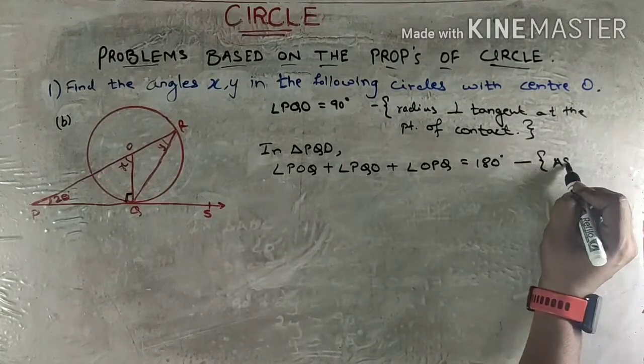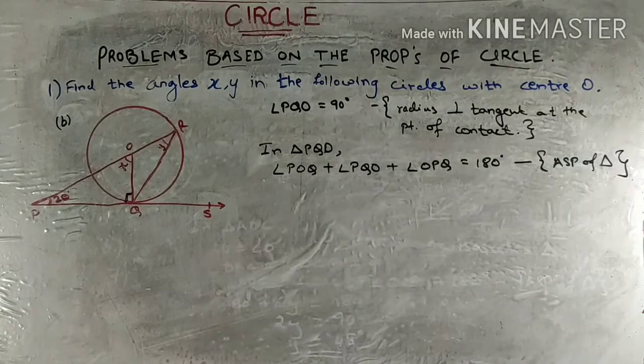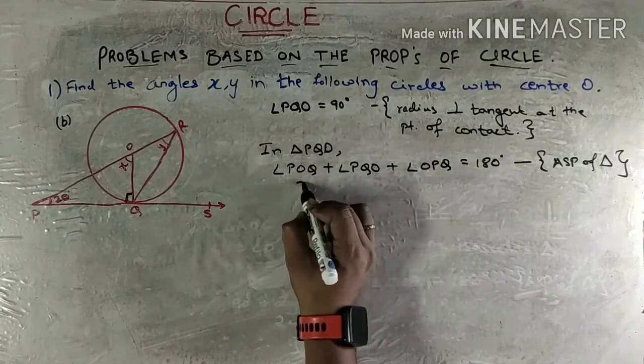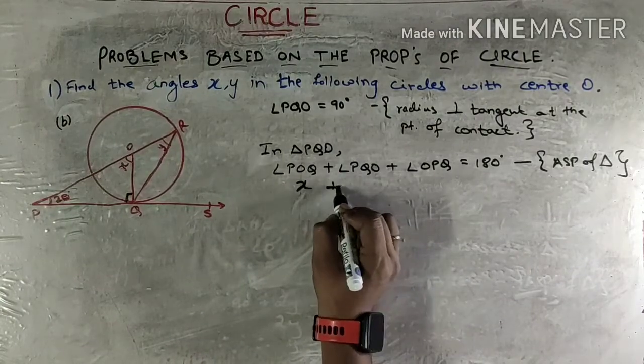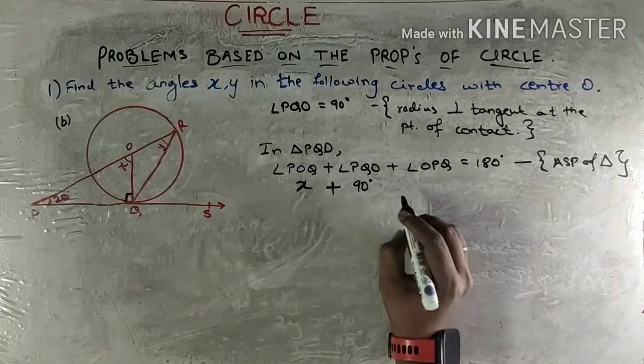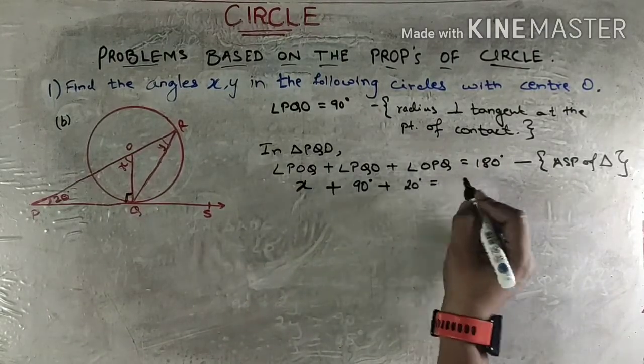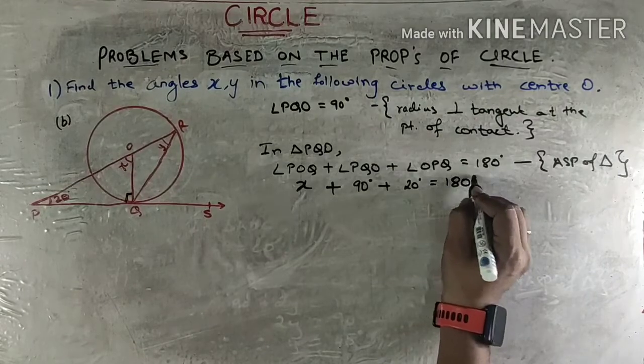Reason, angle sum property of triangle. Okay, POQ is X, we are supposed to find the value of X. PQO is 90 degrees from here, and this is 20 degrees. We get it as 180 degrees.